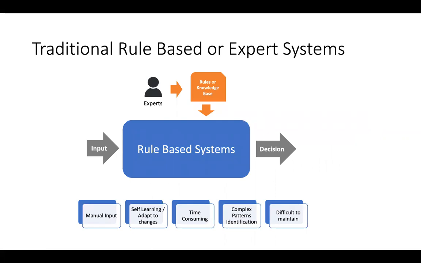If we compare with the traditional rule based or expert systems, for example, before machine learning, most people were developing systems using rule based systems, which were also known as expert systems. For example, let's say an organization was developing a fraud detection system.